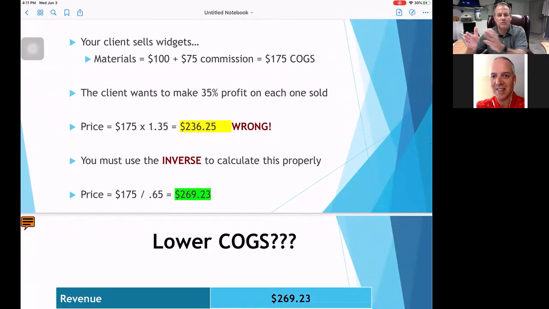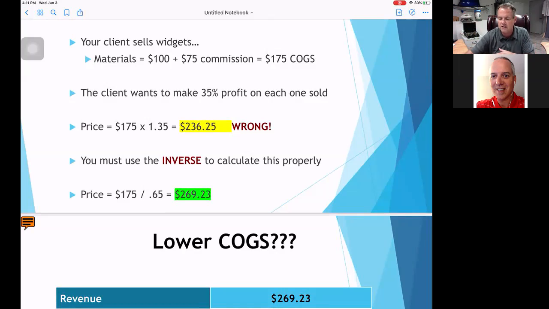Yeah, I see this all the time. You've seen this before, Dave? Yeah, because people are confusing profit for markup. The first is showing a 35% markup. Whereas if you want a 35% profit on your gross sales, meaning that of every dollar you gross, 35% is gross profit, you have to use the bottom equation, which is 175 divided by 0.65.